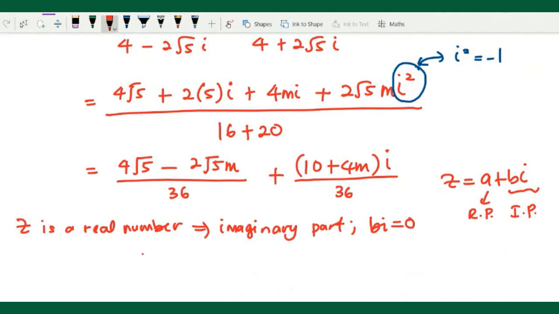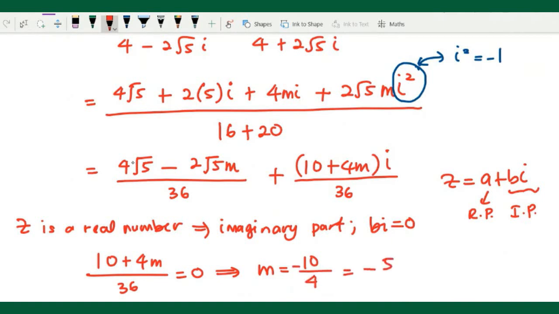So 10 plus 4m over 36 is equals to 0. So kita akan dapat m equals to negative 10 over 4, which could be simplified as negative 5 over 2.